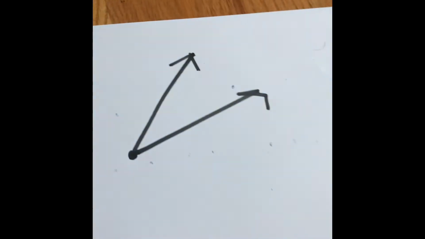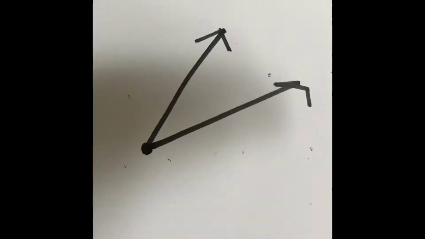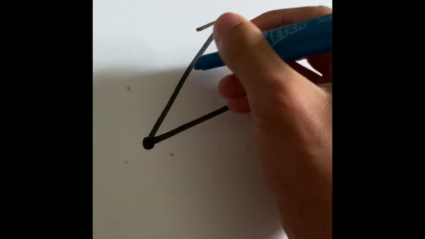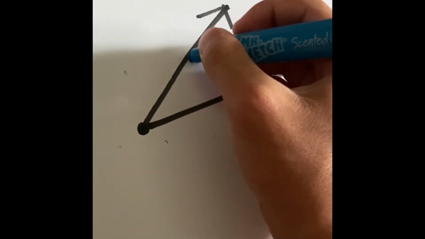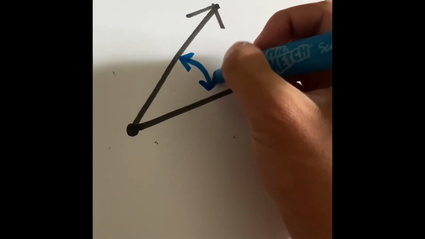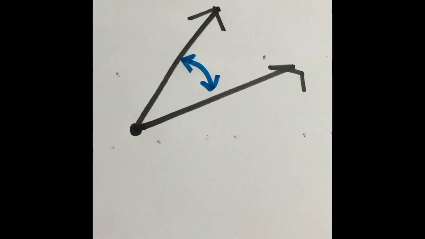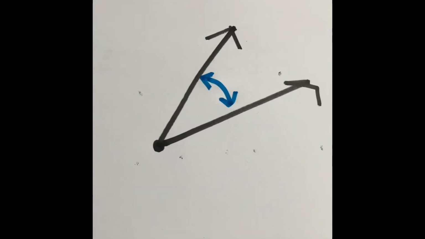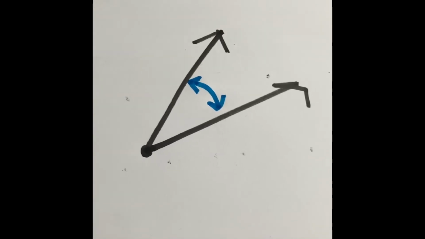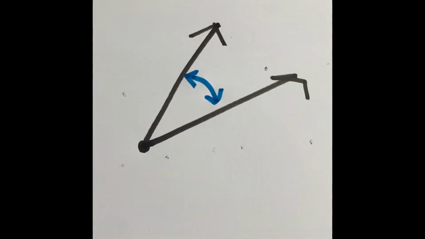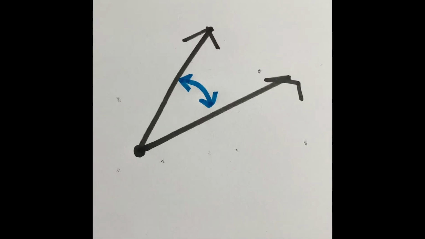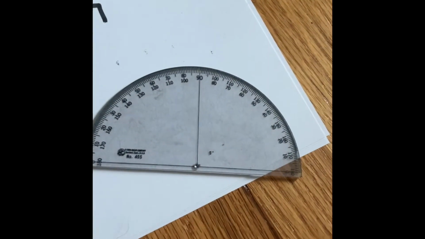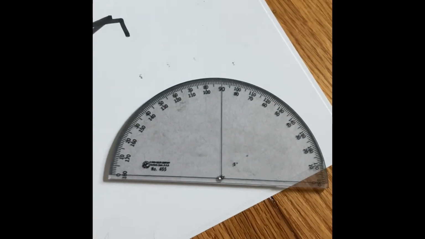What we're trying to do is find out how wide it is. So from here all the way to here. But instead of calling it units, or inches, centimeters, millimeters, whatsoever, we are going to try to find the degrees of it by using a tool called a protractor.